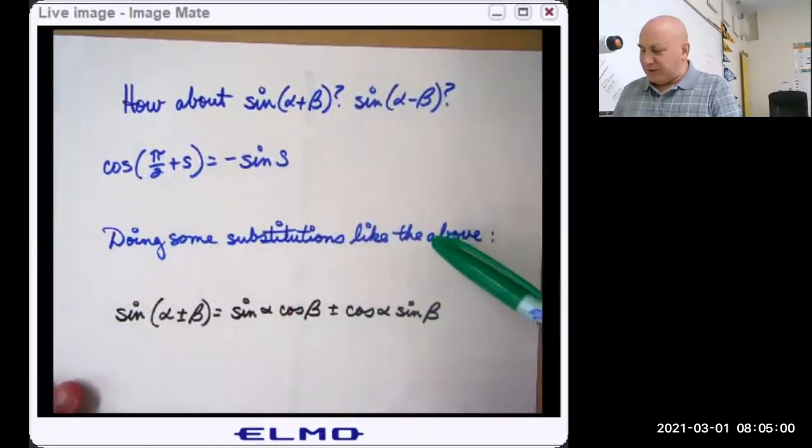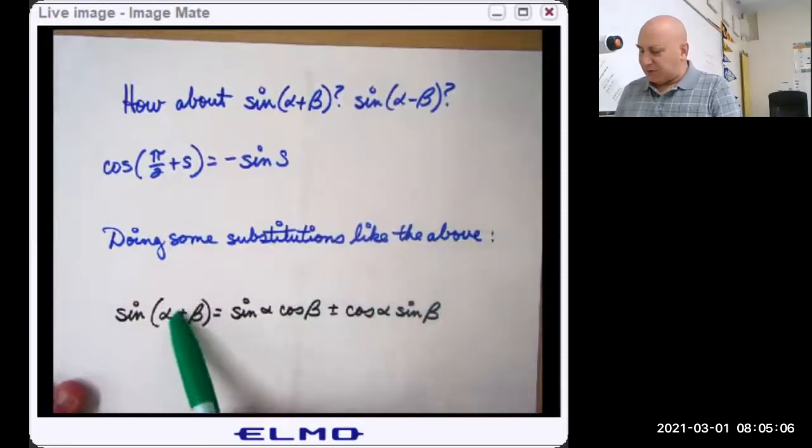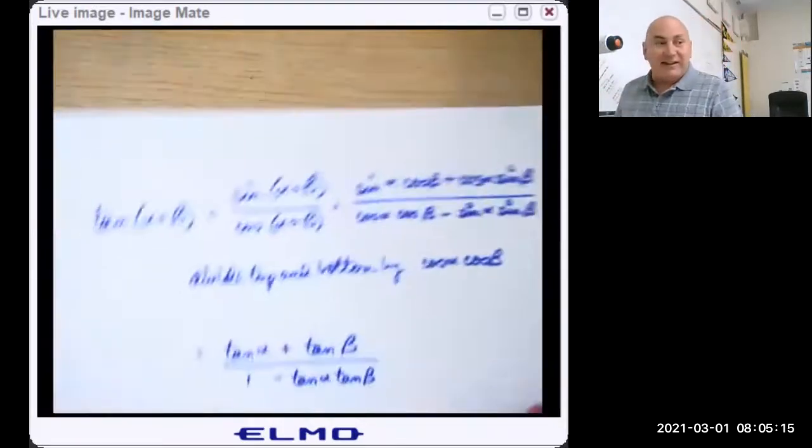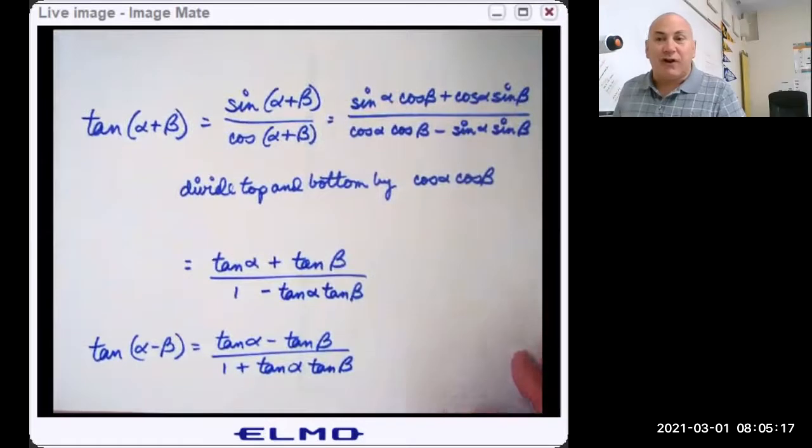And if you do some substitutions, you'll end up with this formula. So here it's plus or minus, over here it's plus or minus. And again, writing these down is not sufficient. You should follow each step of these derivations to make sure that you understand them.